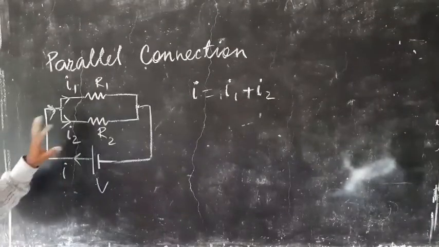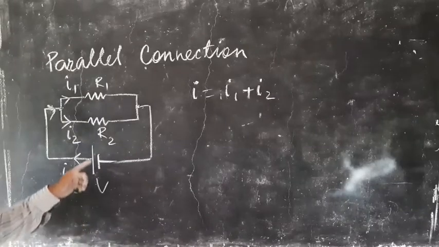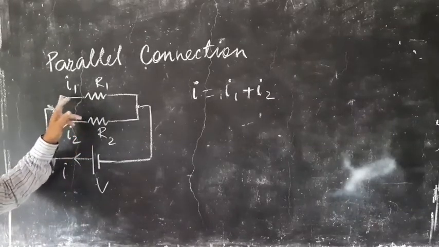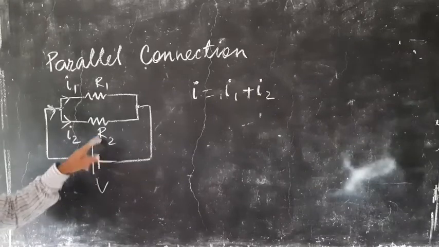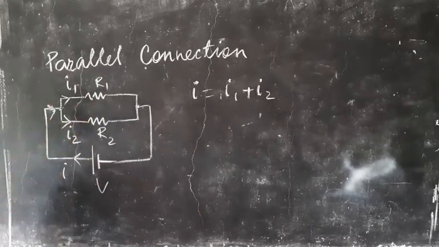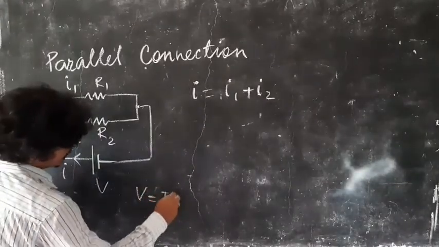And R1 and R2 are in parallel, so the same potential difference will be across R1 and R2. That means V is the potential difference across R2 and V is the potential difference across R1. From Ohm's law we know that V is equal to IR.